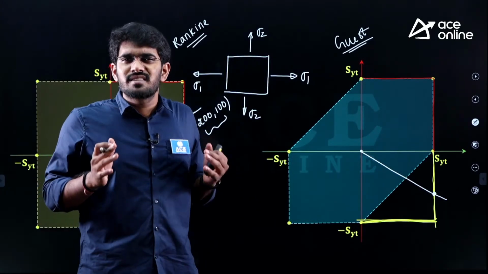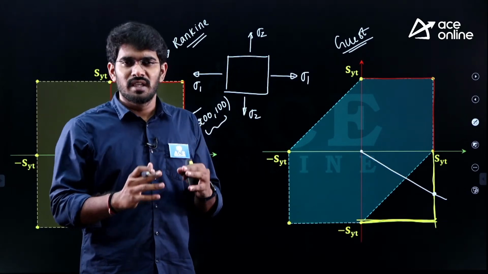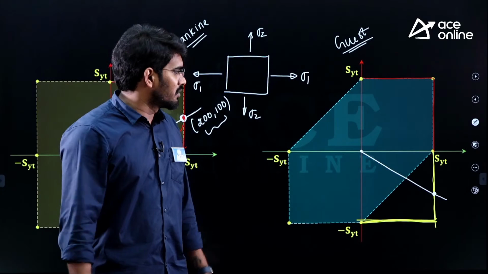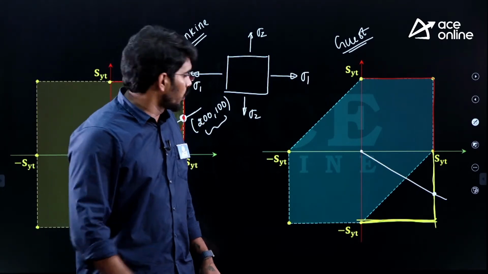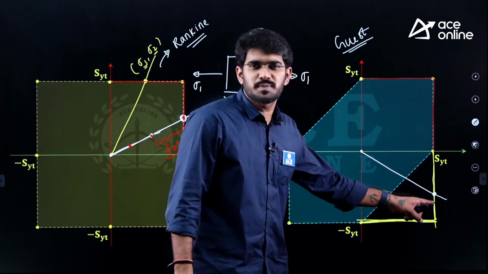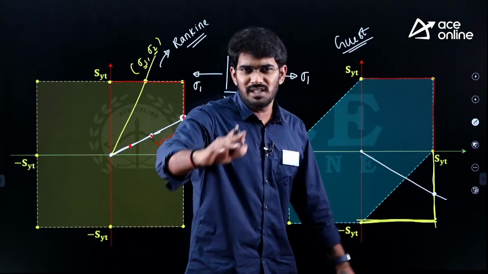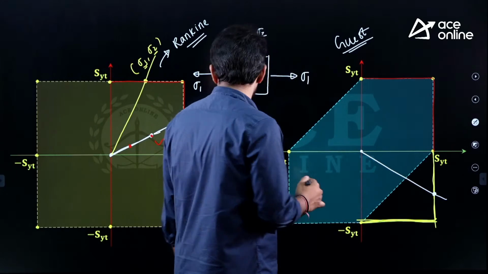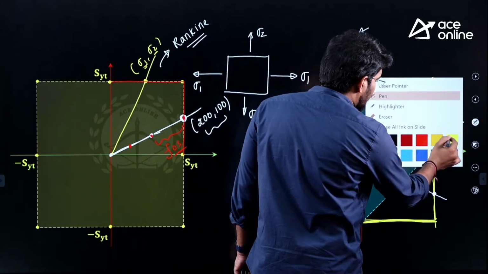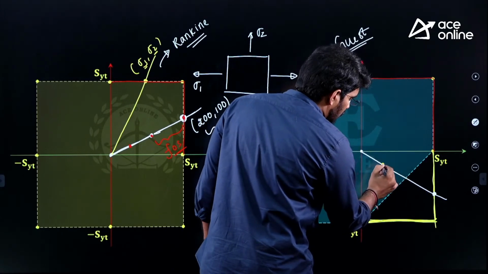It is just his theoretical analysis, simply his prediction. The combination of sigma 1 and sigma 2 should not cross this point. If it crosses that point, it fails. Let me assume that the stresses on this particle are now operated at this location.